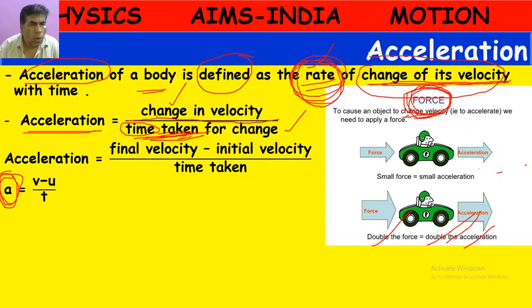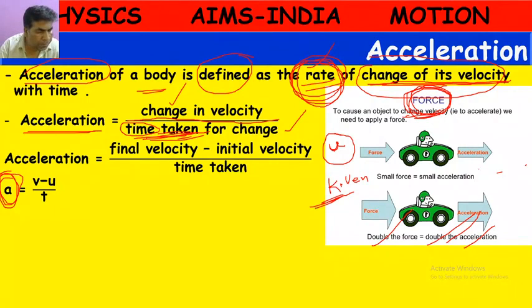So here, what is the change in velocity? Before applying force, let the velocity be u. U stands for initial, because in front of a name, like K Venkatesh, what is K here? Initial.